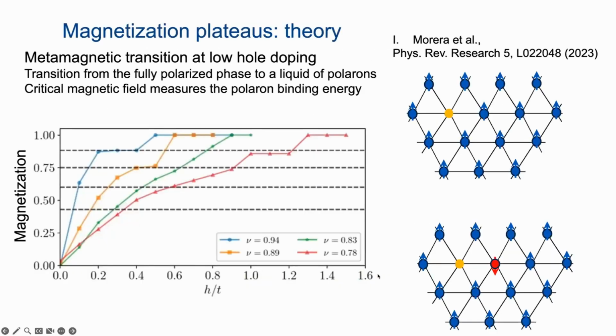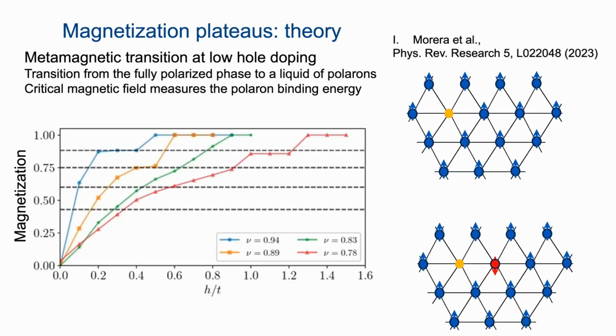And there is another interesting physics related to this kind of binding between holes and flipped spins. This is magnetization plateaus. It's easiest to explain starting from large fields. We start with a fully polarized magnetic system. We introduce a hole. And now we start reducing the field. And then what will happen is, okay, as long as the field stays large, flipping the spin costs energy, but the hole can benefit if there is a flipped spin next to it.